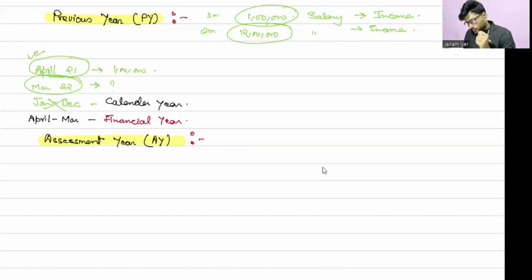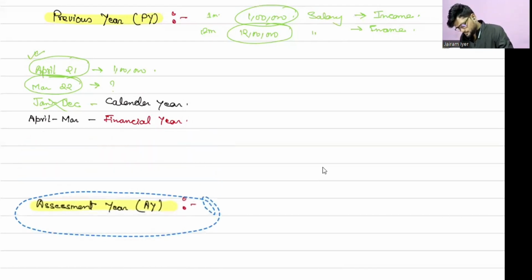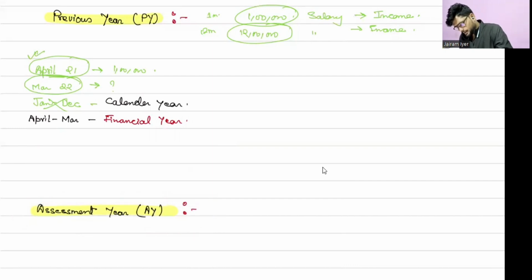Now, if I take these dates, April 21 to March 22, what will the year be? It will be 1st of April 2021 to 31st of March 2022.